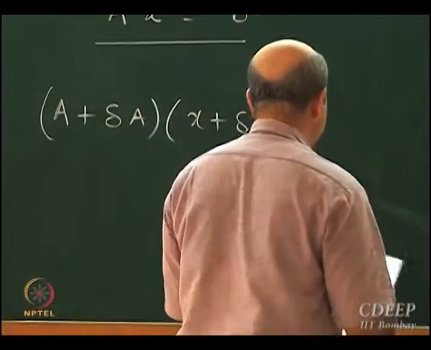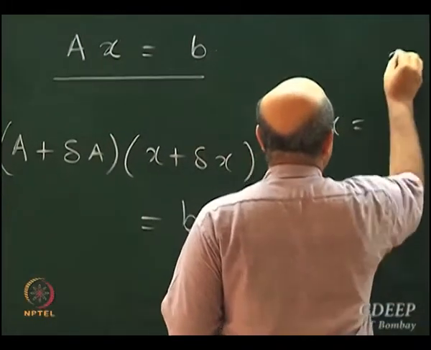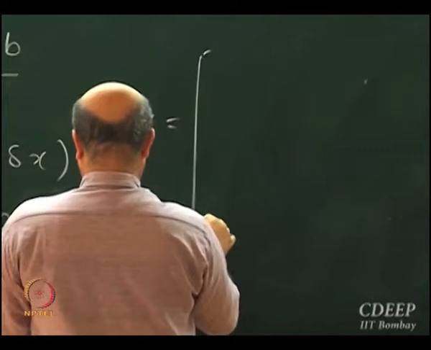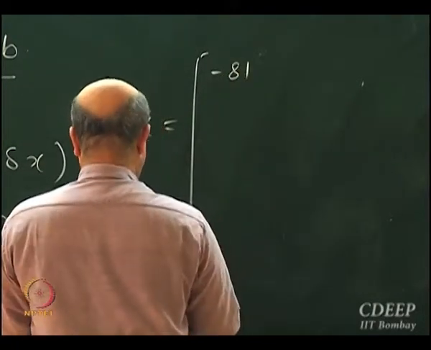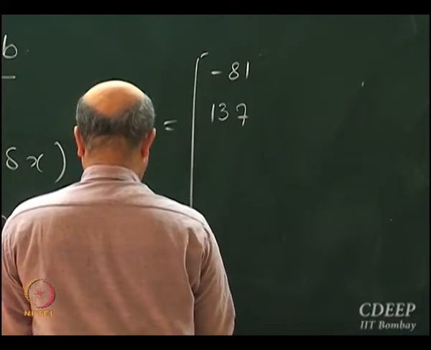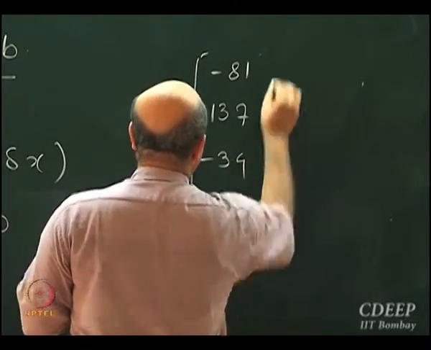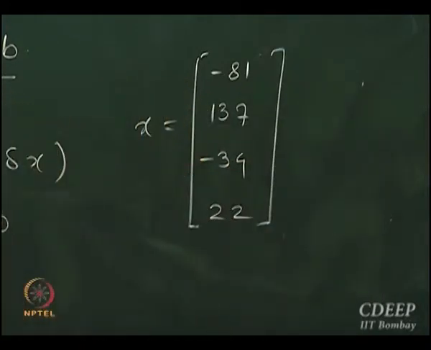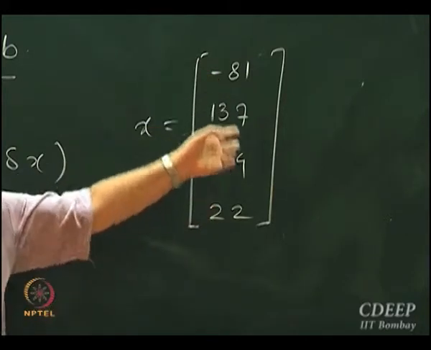That doesn't happen here. If you solve this problem now, x turns out to be minus 81, 137, and so on. With such a small perturbation in the A matrix, my x changes from 1, 1, 1, 1 to this vector.